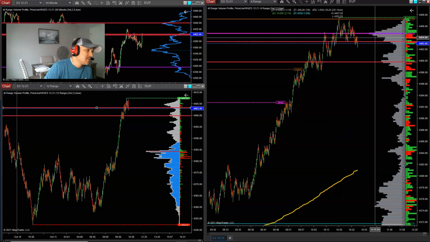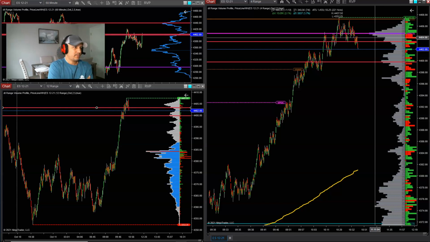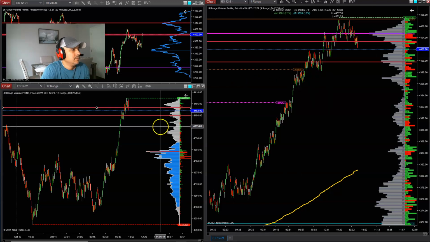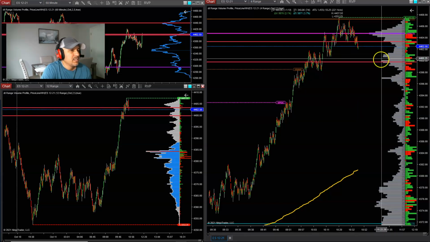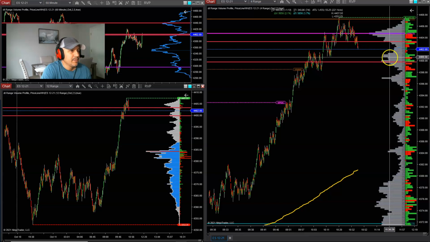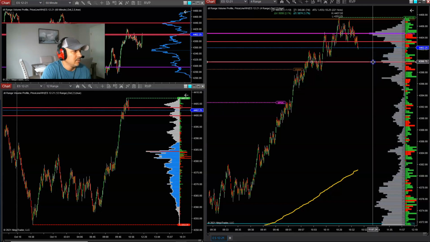So we're around the VPOC. You guys that have been following the videos know that this is an area where price would like to push and pull. All right, let's see if we can get a bounce. See if we can get something. The price comes down to this area down here. See what happens.